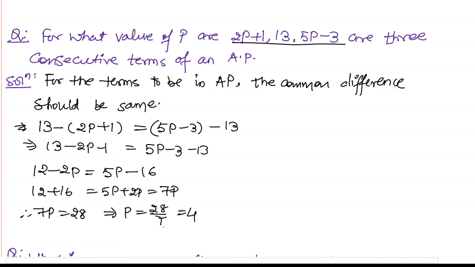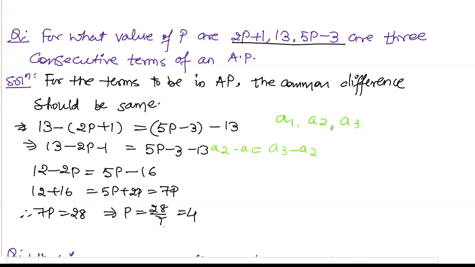Similarly, the second term is to be subtracted from the third term. Clear? So if the terms are a1, a2 and a3, then second minus first is going to be equal to third minus second.